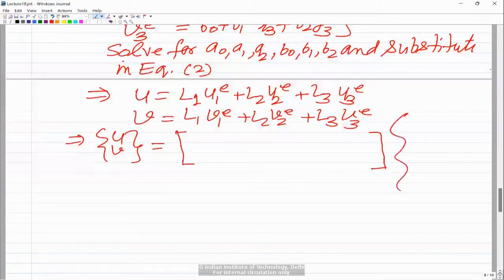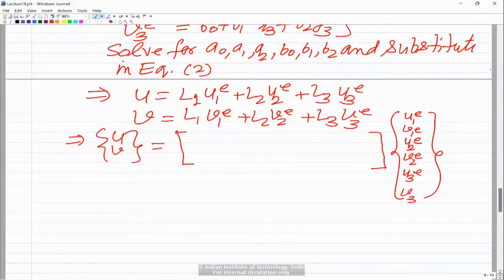Now we have two displacements, so usually we first write the displacements along x and y direction for node 1, then for node 2, then for node 3. So the arrangement of degrees of freedom is u1, then v1, then u2, v2, u3 and v3. So this is the vector of elemental degrees of freedom.